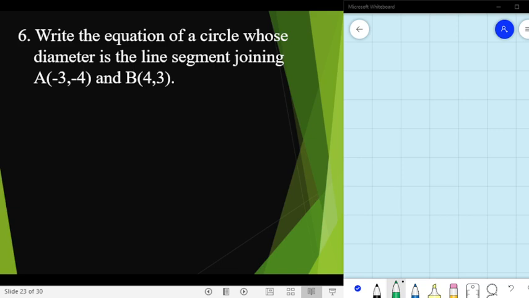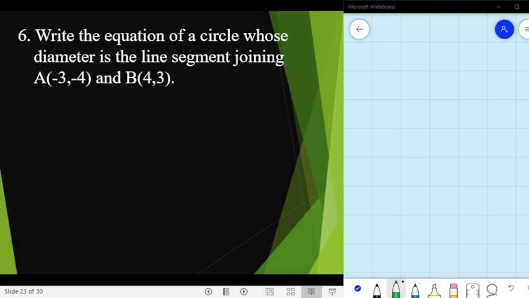Okay, number 6. Number 6 is we are going to write the equation of a circle whose diameter is the line segment joining A -3, -4, and B 4, 3. So in this situation, we are not given the center and the radius.